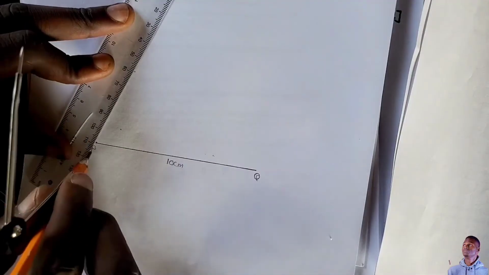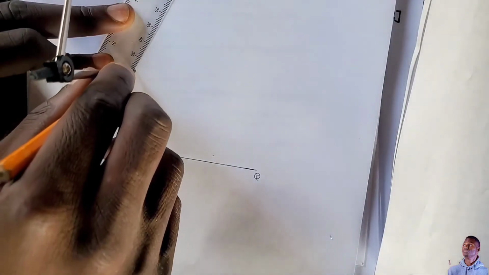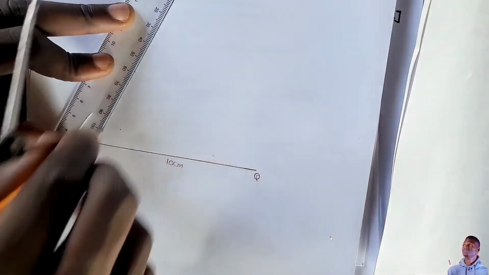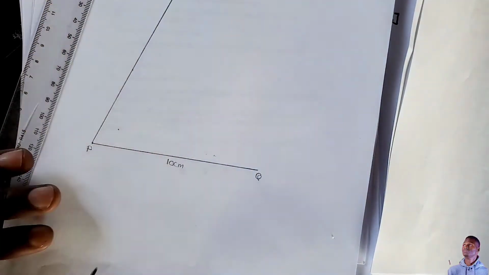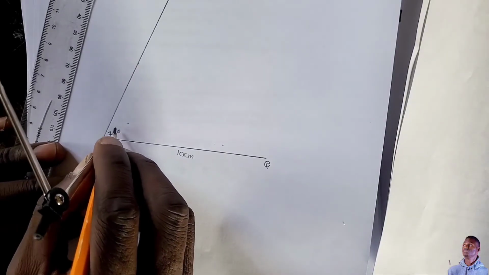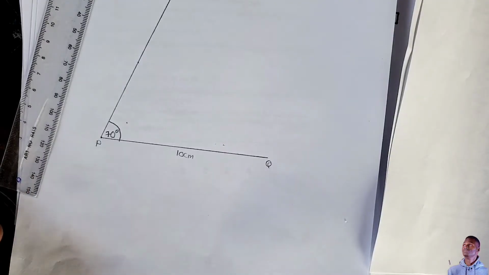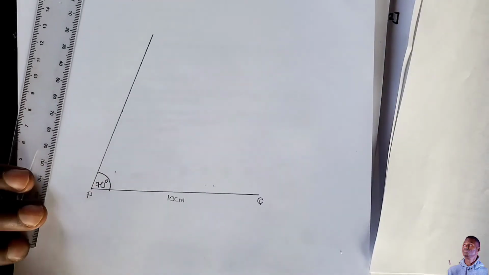So we are just going to draw a line passing through that dot. Let's just end there. Then let's label here as 70 degrees.